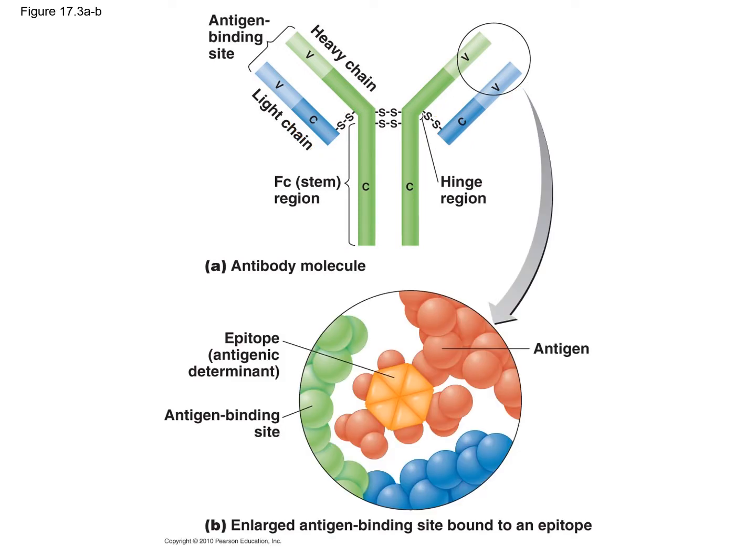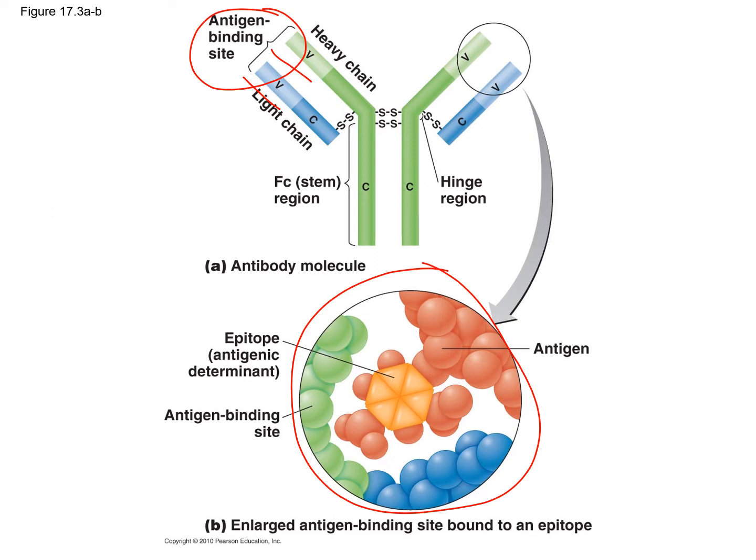Maybe the most important part of the antibody are the antigen binding sites. The antigen binding site is where the antibody will bind to the antigen. And that site is a combination of the variable region of the light chain and variable region of the heavy chain. So here it is in bigger detail.